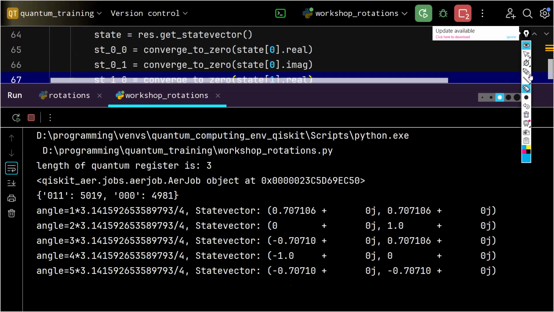Then after applying my rotation the second time, I would end up having 0, 1 in row notation. So this would be my state 1, and so on and so forth. So using the state vector simulator, Qiskit can do the calculations for you.